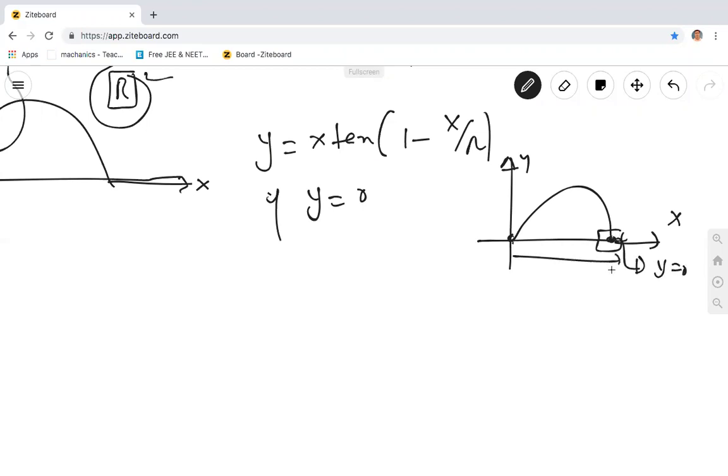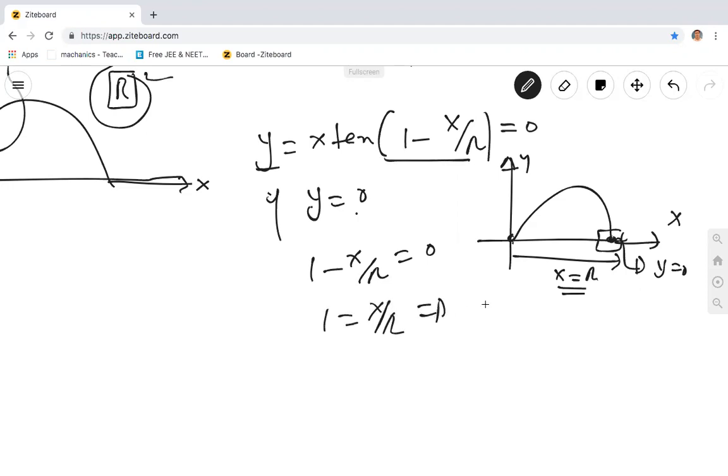What should be this x? Range. When y is 0 at the last moment, then x should be the range. Now see, if y is 0, that means 1 minus x by R is 0. So 1 is equal to x by R. That means x is equal to R.